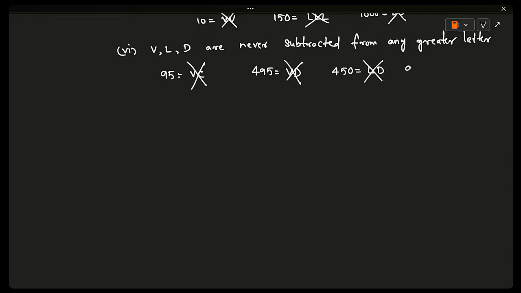Sir, I want to write 950. Can I write LM? 1000 minus 50, 950. Wrong. D also you cannot subtract. For example, you want to write DM. 1000 minus 500 is 500. That is also wrong. So the rule is VLD are never subtracted from any greater letter.